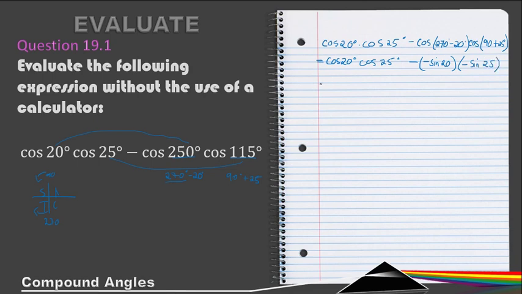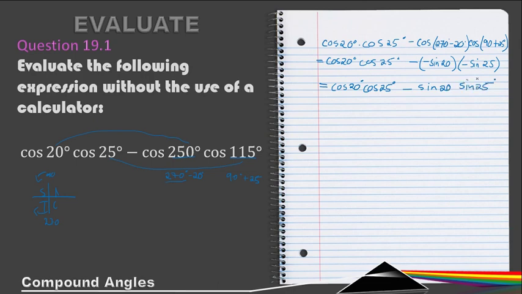Now we can simplify this expression just by multiplying out the negatives. This negative and that negative just becomes a positive. So we still have that negative over there. So we have cos 20, cos 25 minus sine 20 and sine 25.